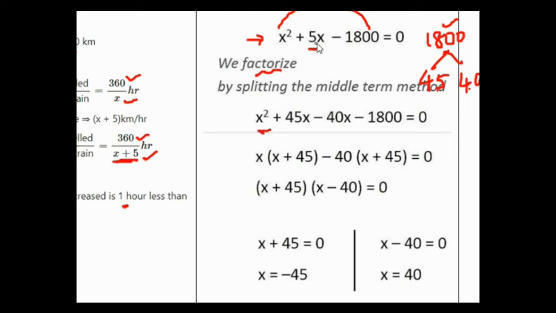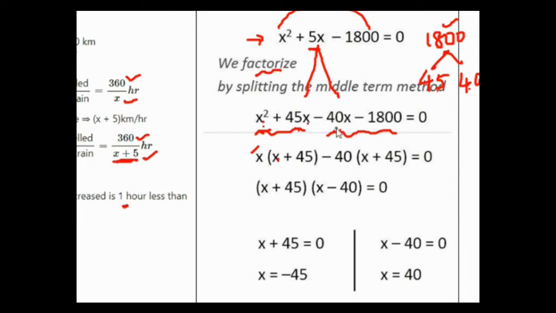So x square, this 5x is split in such a way, 45x minus 40x gives you 5x, and 45 times 40 is 1800. So first two terms are one pair, second two terms are another pair. In the first two terms we have to take x common. If I take x outside, we will get x plus 45, because in x square there are 2 x's, 1x came out, 1x is in 45x, x came out, 45 remaining.